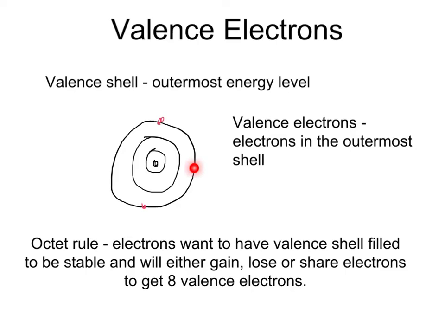When we think about it, is it easier to lose 3 in order to have 8 valence electrons in the lower outermost shell? Or is it easier to gain 5 more electrons? In this case, it would probably be easier to lose the 3 electrons and end up having 1 energy level less. And so our valence shell will be in the second energy level.